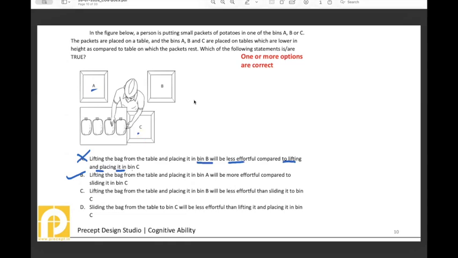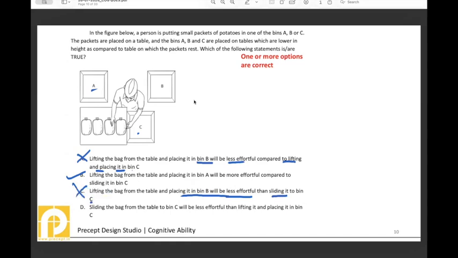Option C says lifting the bag from the table and placing it in bin B is less effortful compared to sliding the bag and lifting it in C. In this case, of course, the last option, sliding it in bin C, is less effortful, so C is wrong.